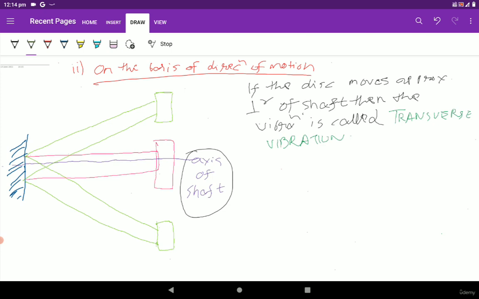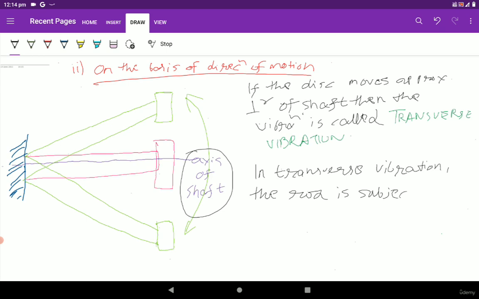In transverse vibration, the rod is subjected to alternate bending stresses.